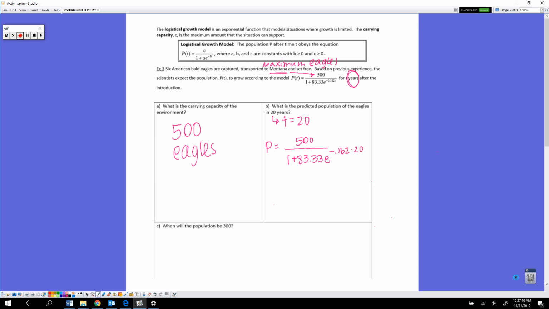We're just going to put that directly into our calculator. Make sure that whole bottom piece is in parentheses. When we plug it in, we get 117.27. And we're talking about eagles. Can we have 0.27 of an eagle? No, we cannot. So after 20 years, based on that equation, there should be 117 eagles.